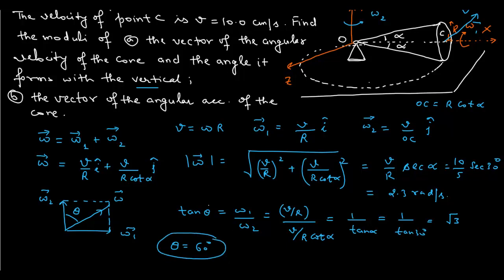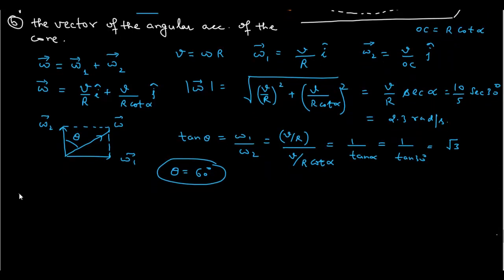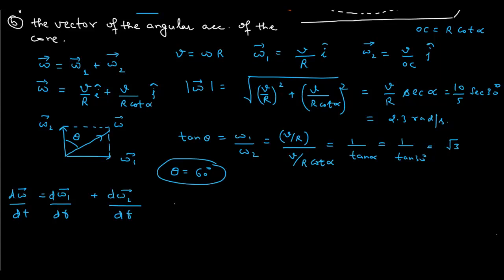Clear? Now in order to solve this B part, we again consider the equation for the net angular velocity. From here we can write omega equal to omega 1 plus omega 2, and if we differentiate it on both sides with respect to time, we get beta, that is the angular acceleration, equal to d omega 1 by dt plus 0.